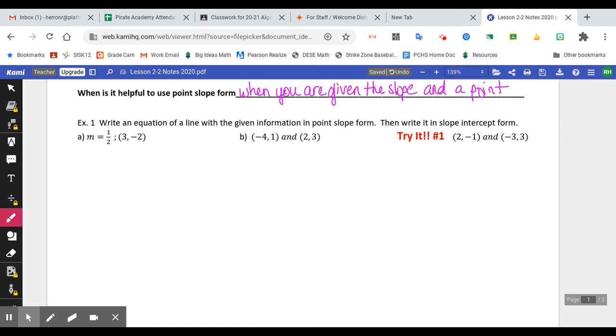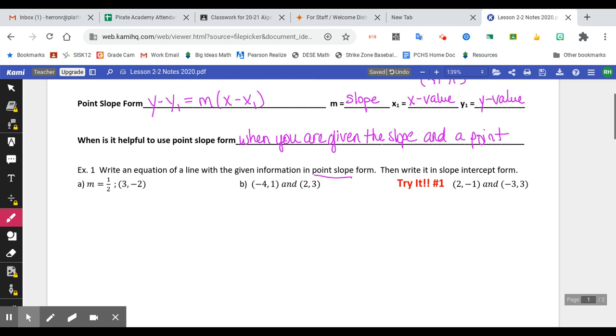So we're going to go through the different forms here. Write an equation of a line with a given point in point-slope form. Again, using that same equation from up here, we have m is 1/2, and then this point would be our x1, y1. Just like when we fill in y equals mx plus b, we're not putting anything in for m or for y and x.